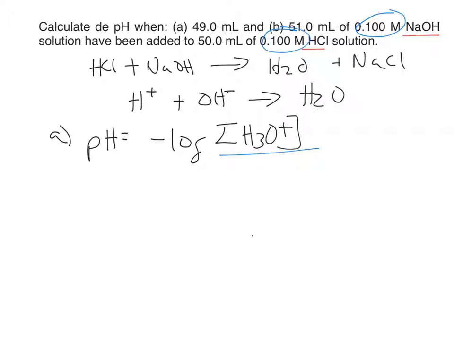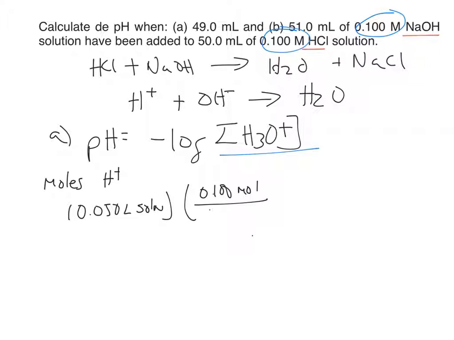To do this, we need to calculate the moles of H positive, and we have the volume that we add is 50 mL, so it's 0.050 liters of solution, multiplied by the concentration of HCl, so that is 0.100 moles over 1 liter of solution.